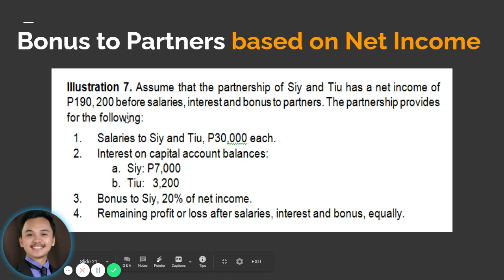So since there are three provisions of allowances, unahon nato hatag ang salaries, ang interest ug ang bonus before nato i-compute ang remaining profit. And kanang remaining profit i-divide nato equally.